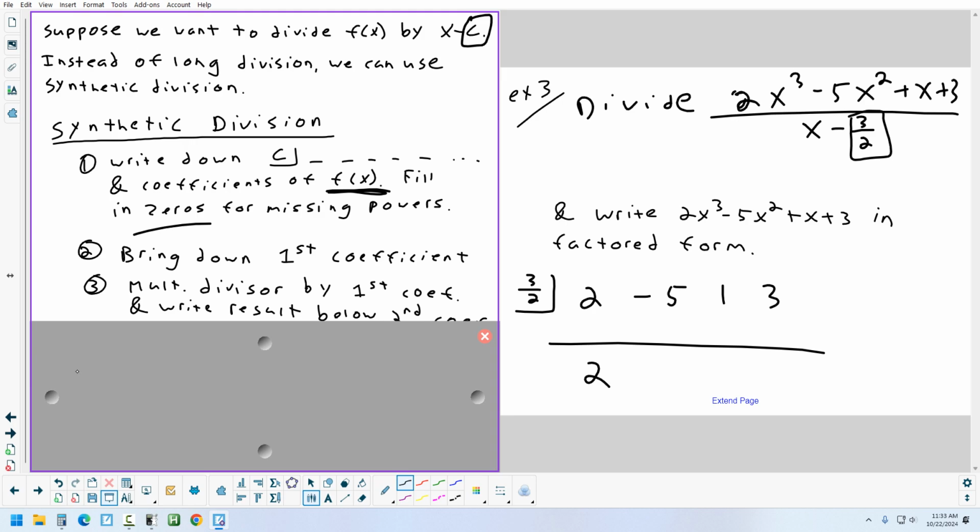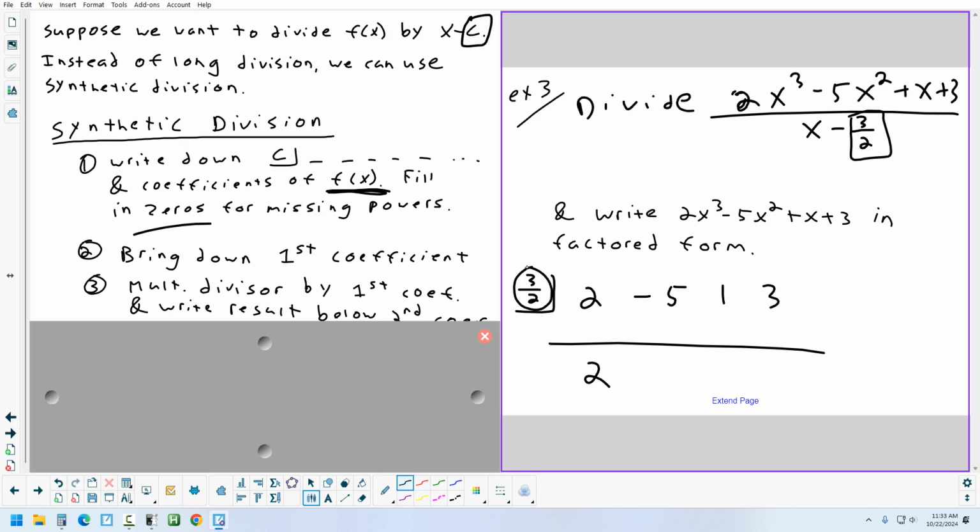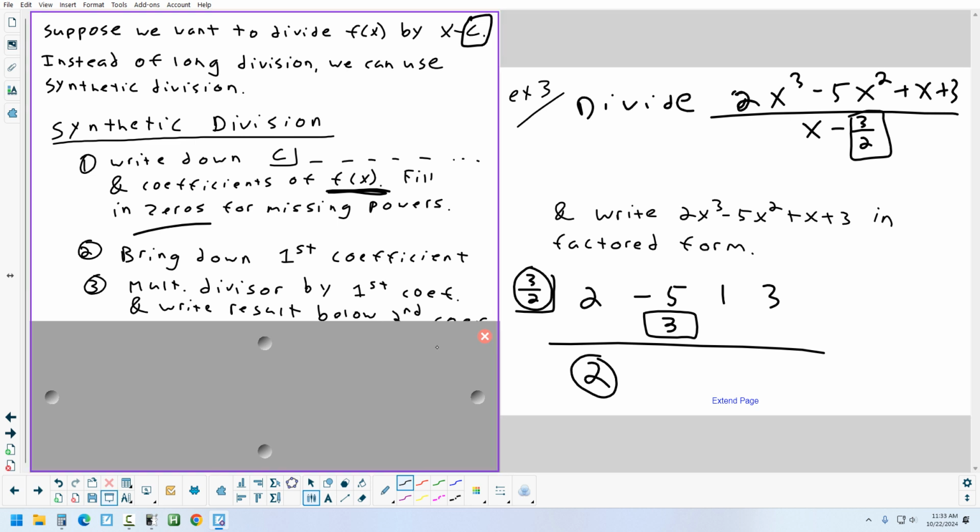Multiply the divisor, that's the number on the outside, by the number you just brought down, and you're going to put the answer right there. What's 3/2 times 2? 3. And you're going to put the answer in the second column. So we did 3/2 times 2, put the answer in the second column.